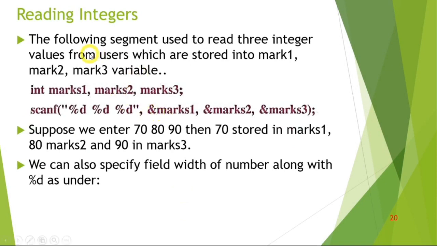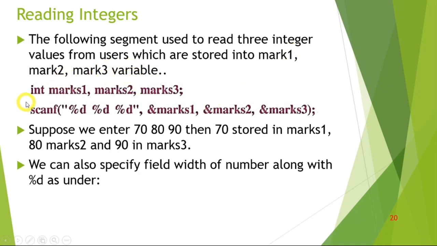Now reading integers. For reading integers, we will use %d. The following segment is used to read three integer values from the user, which are stored in the variables mark1, mark2 and mark3. These are three variables.